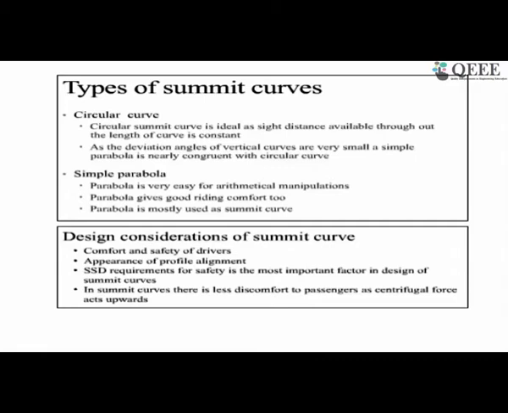So passengers and driver are going to feel lighter because the centrifugal force will make their weight lighter, quite comfortable compared to going downhill on a valley curve, where the centrifugal force is also acting downward as well as the weight.